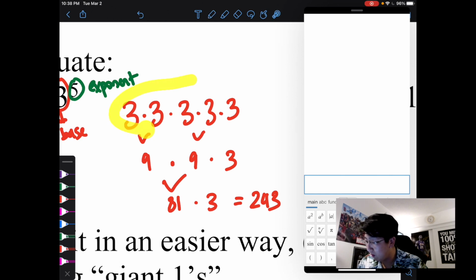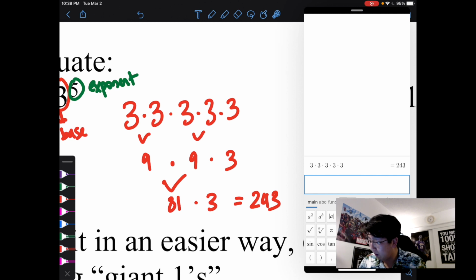Okay, I'm going to clear all. Now, I can also write this out, okay? 3 times 3 times 3 times 3 times 3. So here you can see 3 is multiplied by itself 1, 2, 3, 4, 5 times. And our answer here is 243.